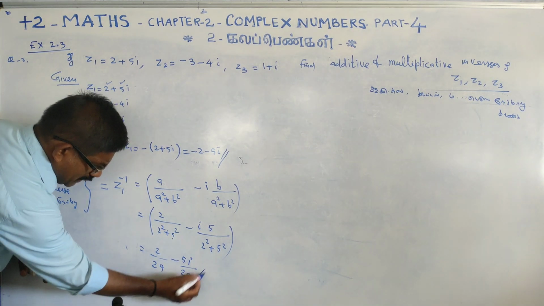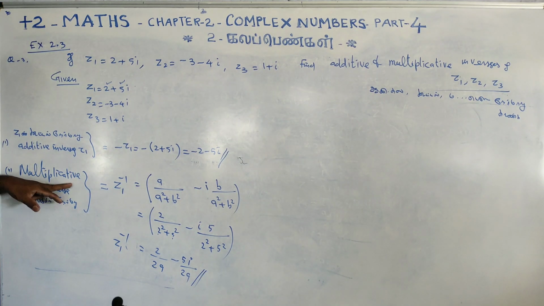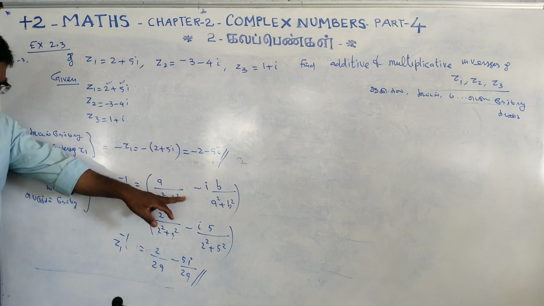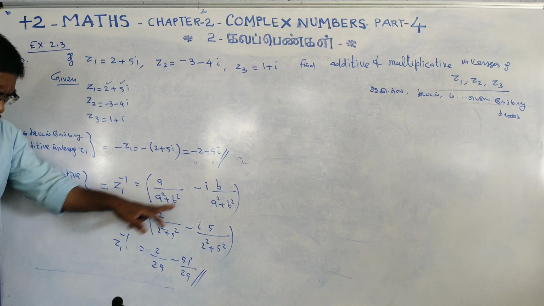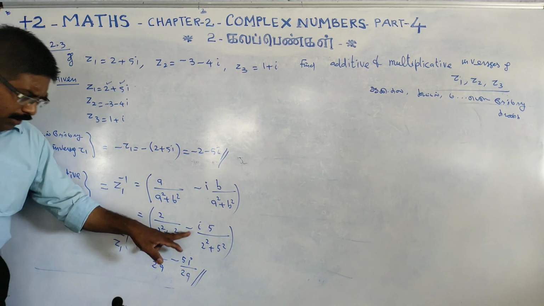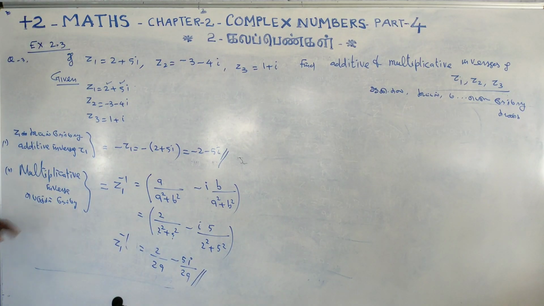This is z1 power minus 1, the multiplicative inverse of z1, applying the formula directly.